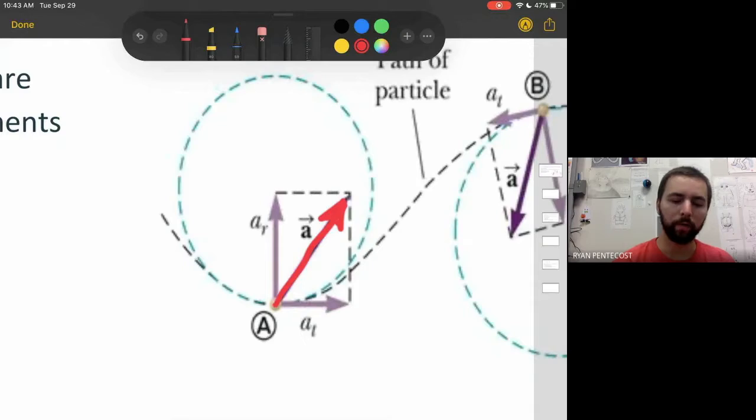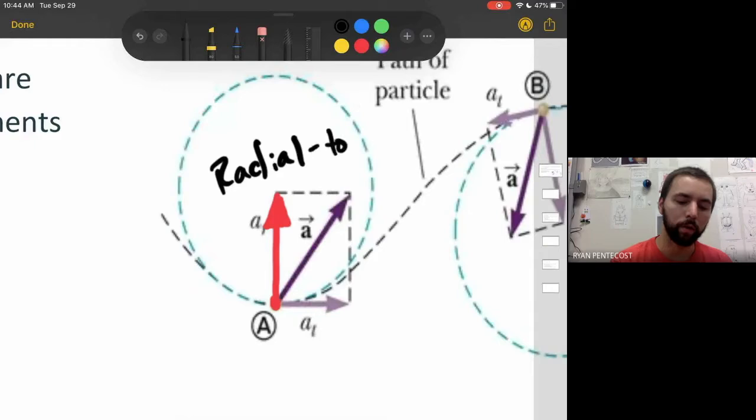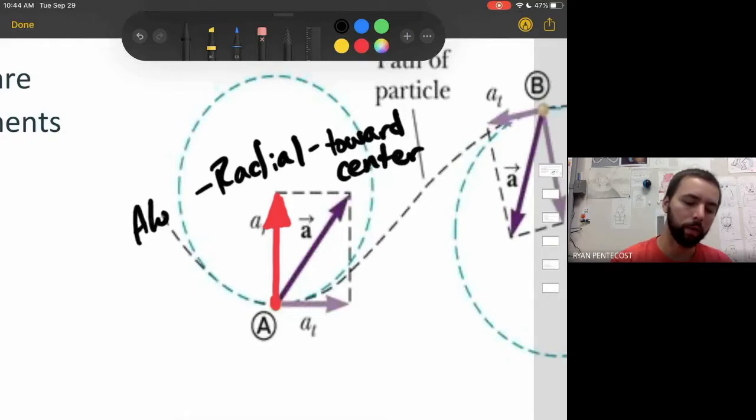If we have this acceleration here, radial, okay? Radial acceleration is talking about the acceleration towards the center, right? So here, radial is toward the center, or you could also think along the radius.